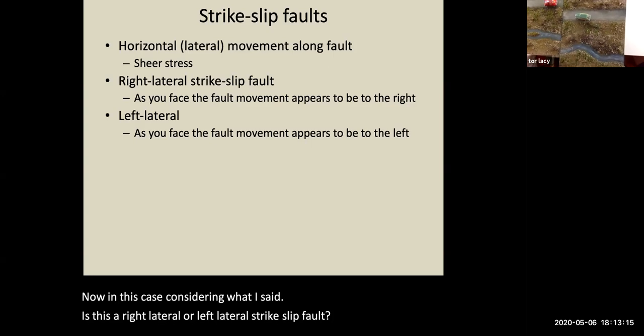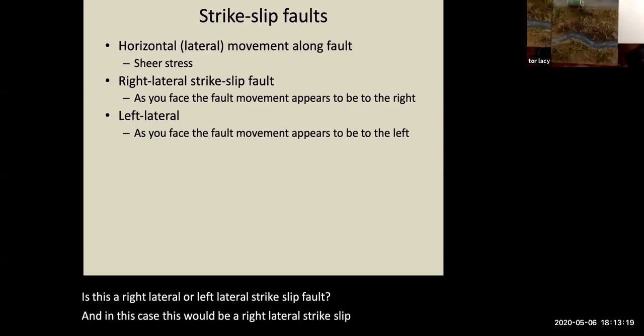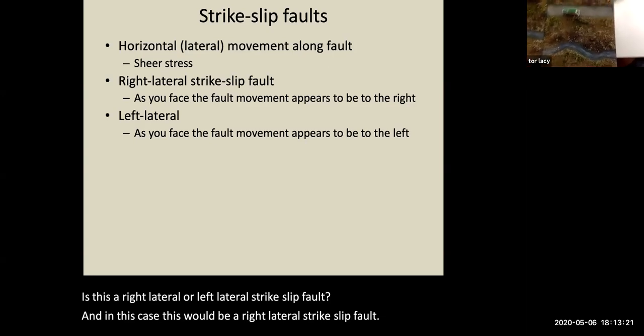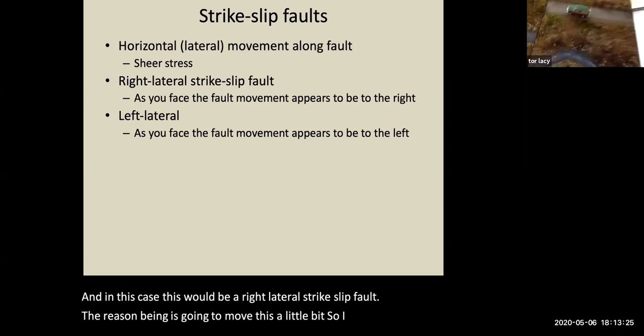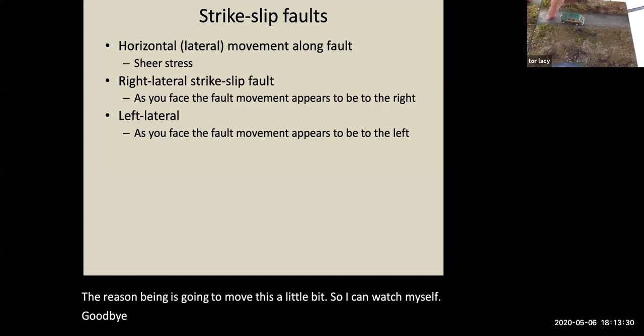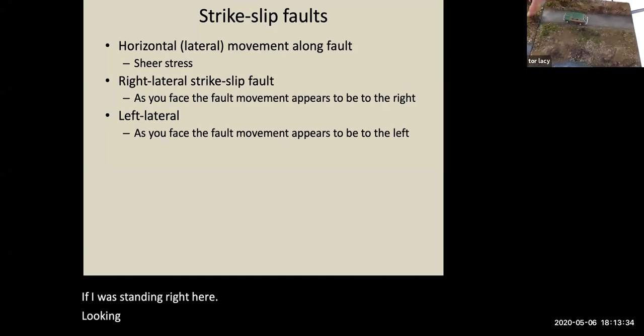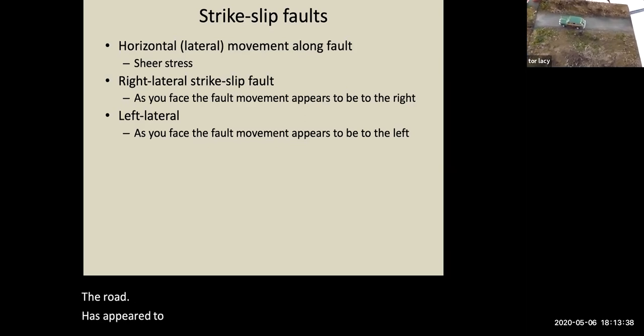And in this case, this would be a right lateral strike slip fault. The reason being is, if I was standing right here, looking across the fault, the road has appeared to move to my right.